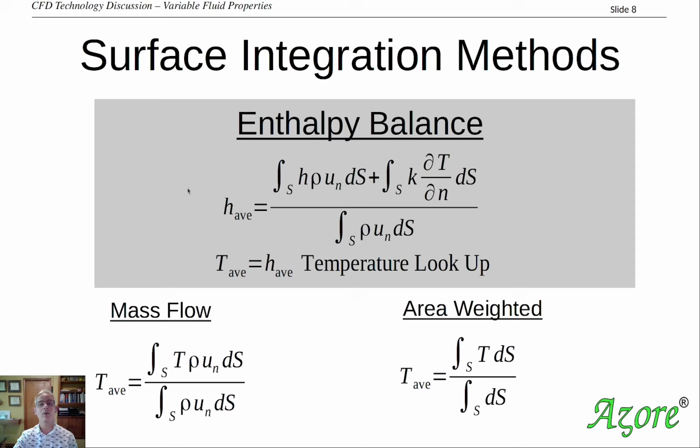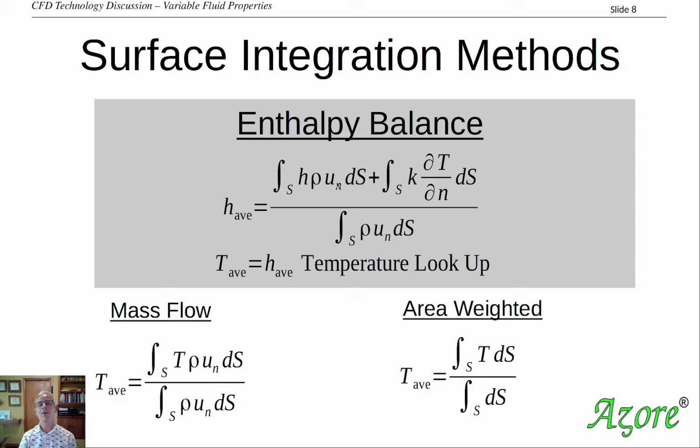Just like we did with our handbook calculations, we get the enthalpy for each facet of our surface and multiply it by our mass flow rate, which is the density times the normal velocity times the area. That gives us the enthalpy flow rate, an energy flow rate as the mass passes through our surface.